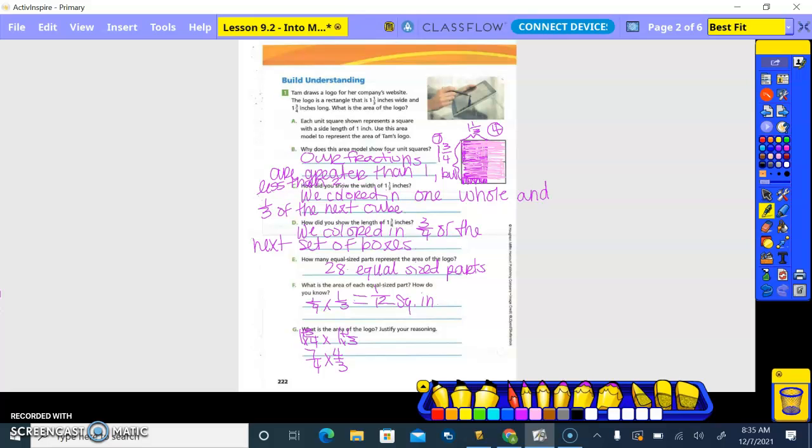And then can we simplify? Yes. So this would be 1 and 1, which equals 7/3, which is equal to what? 2 and 1/3 inches squared.